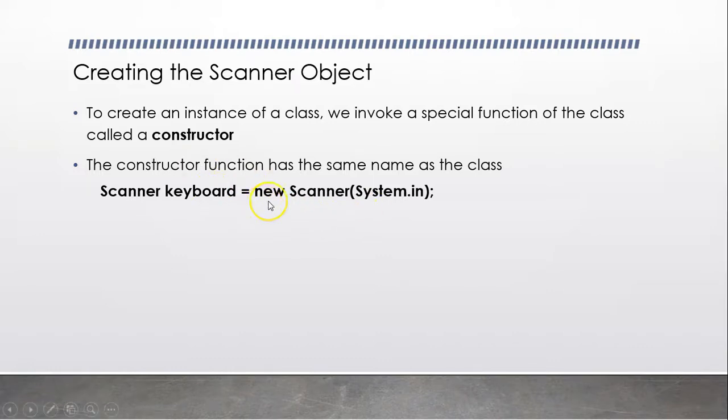And new says, make one of these new Scanner objects and use System.in as the thing that we're going to be working with, that we're associating the object with. So hence, when we refer to keyboard later on, our variable, we're actually referring to System.in, which is known to the Java runtime environment as the actual keyboard.